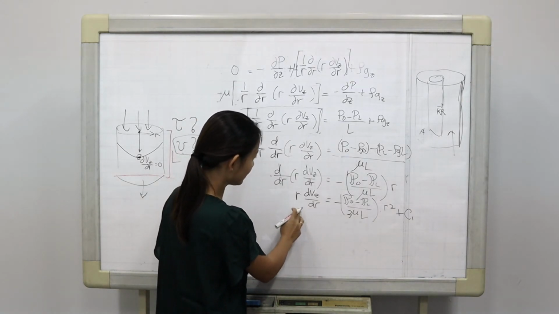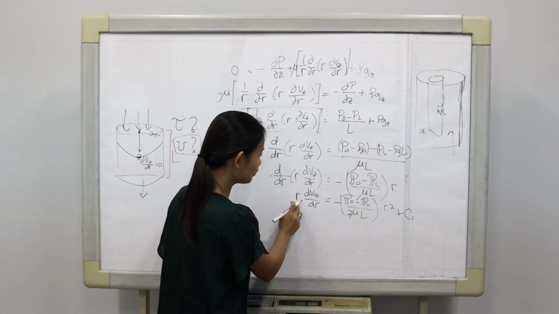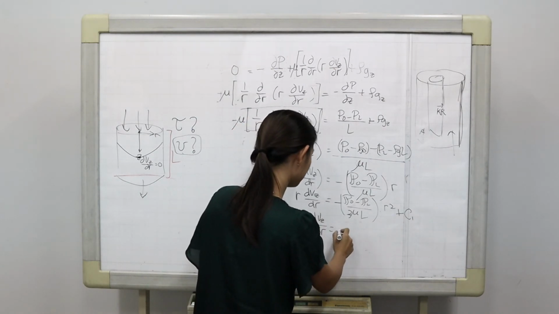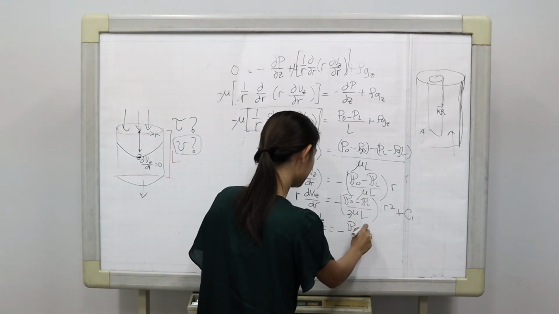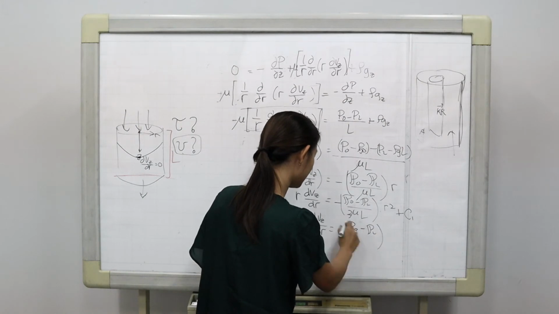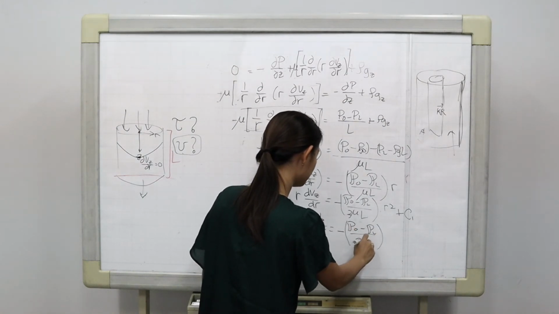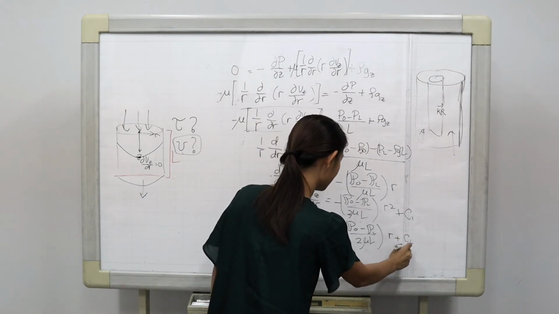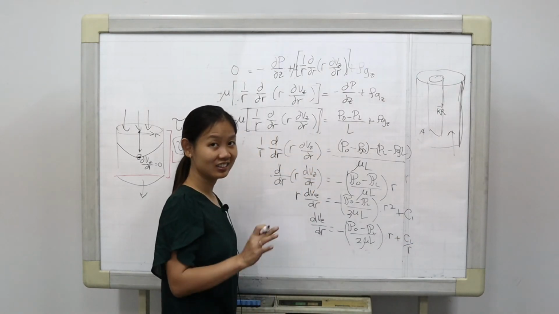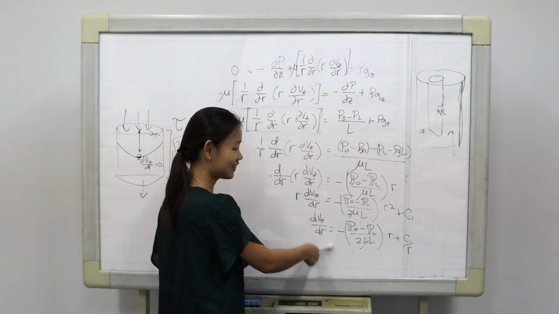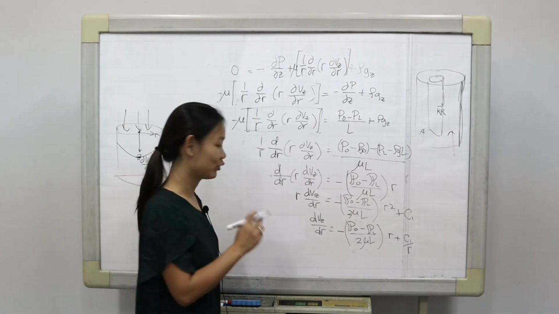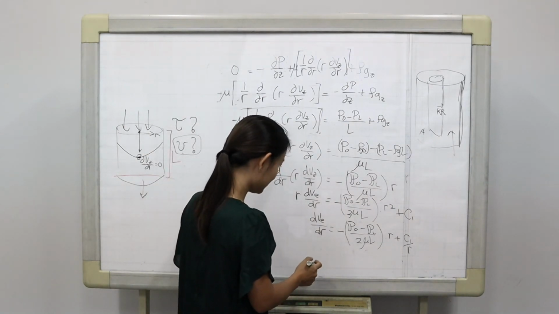The next thing is to move the r over there. Dou Vz over dou r is minus modified pressure 0 minus modified pressure L divided by 2 mu L times r, plus C1 over r. If you remember, this is actually the equation that we got for the momentum flux distribution before.